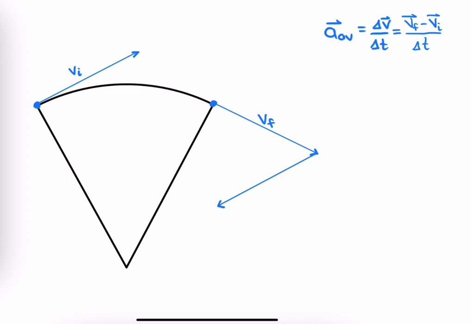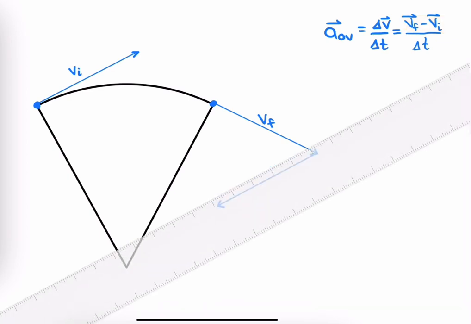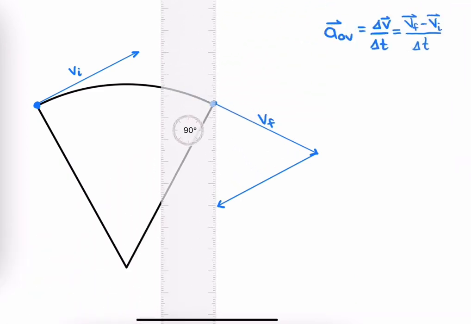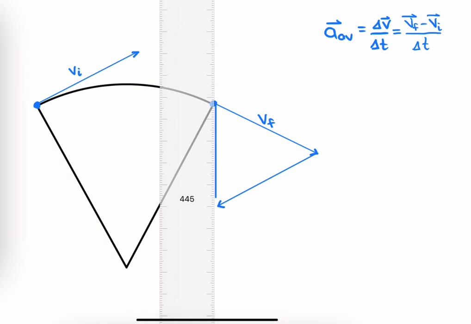Okay, so there is VF and the opposite of VI, head to tail, so they're being added. VF plus minus VI, or VF minus VI, delta V. So the resultant of all that is going to be delta V. And the resultant, remember, goes from start to finish. So there's where I started, and here's where I finished. So that guy is delta V.